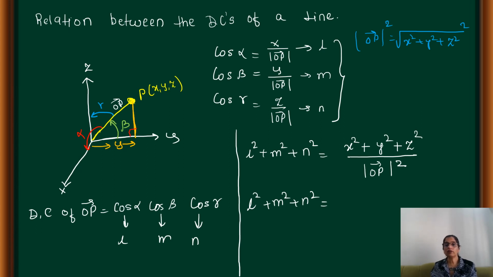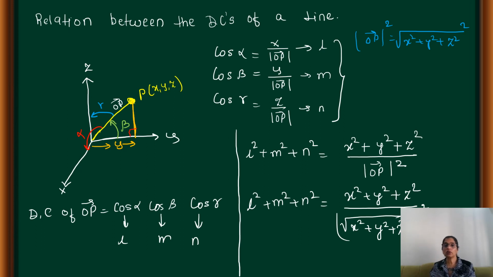So we will get x square plus y square plus z square, and you have under root of x square plus y square plus z square, and you have to square this further. So if you square this, that means the root will go away. So finally you will have L square plus M square plus N square equal to 1.